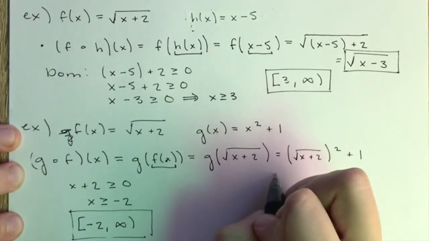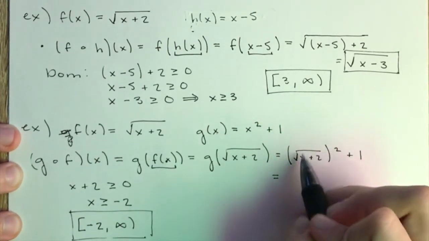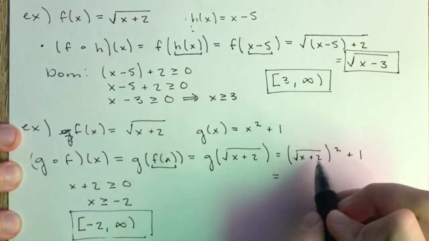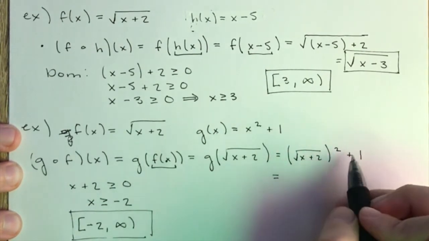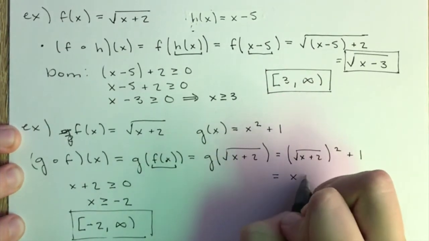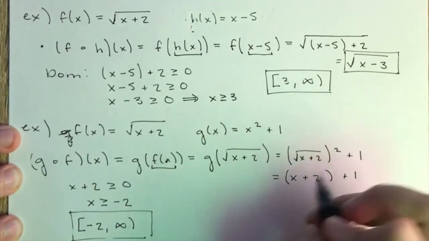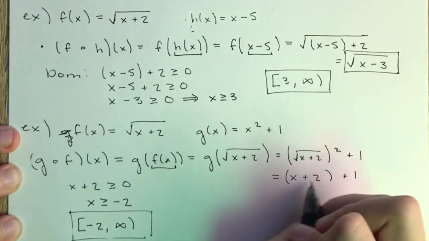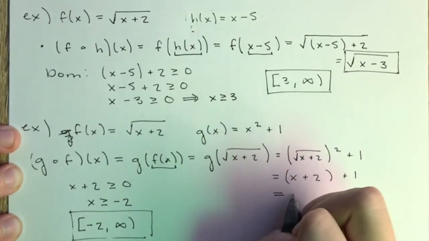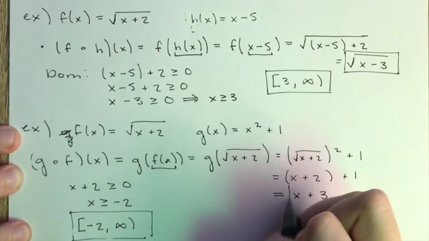But when we simplify, let's say this told us to simplify, what happens when I square a square root? They sort of cancel each other out, right? Squaring a square root gives us whatever's underneath. So we end up with just x + 2 + 1, right? And because these parentheses don't really do too much with just addition, we can combine these like terms, and we end up with x + 3.